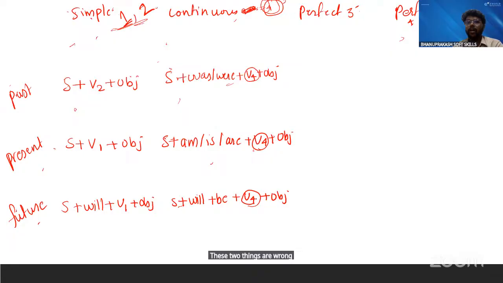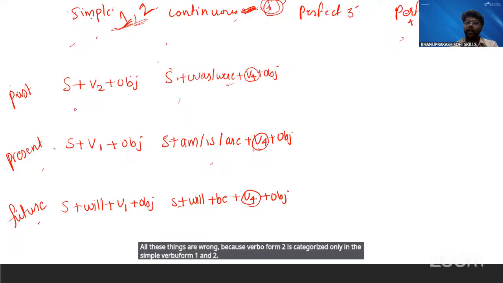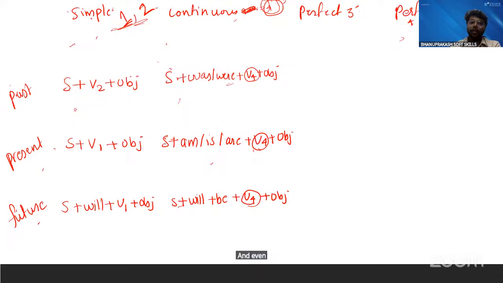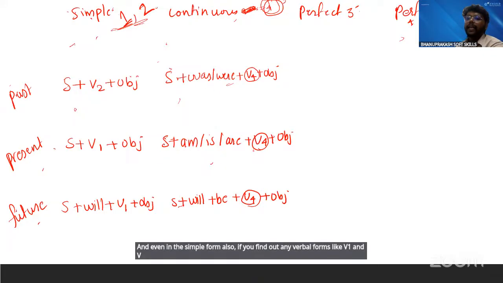We can't say I was saw that or I was ate that. All these things are wrong because verb form 2 is categorized only in the simple form, verb form 1 and 2. And even in the simple form, if you find any verb forms like V1 and V2 along with any helping verb, then that is wrong. That is an error.